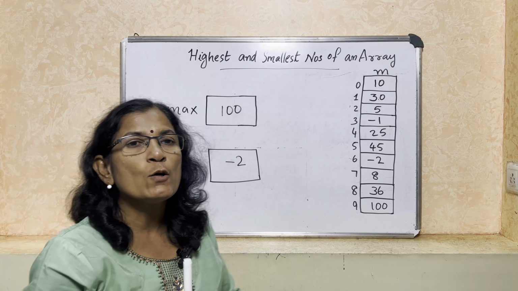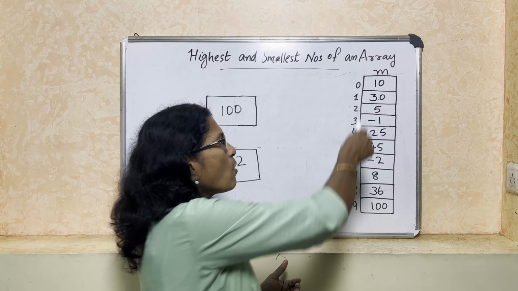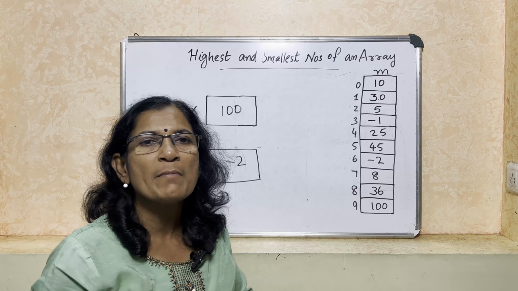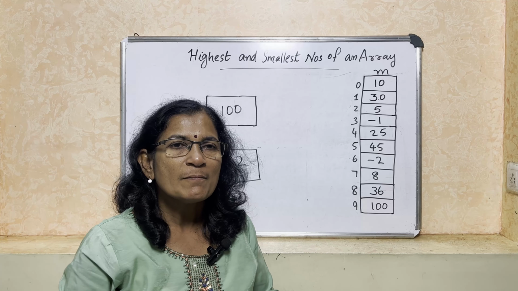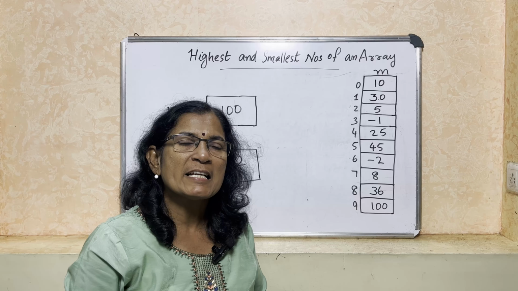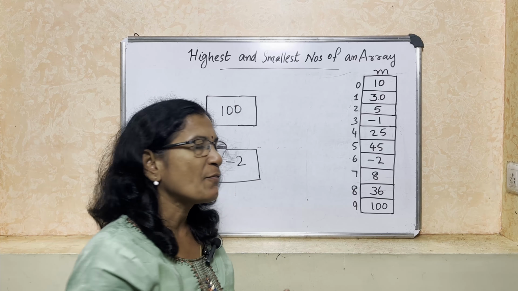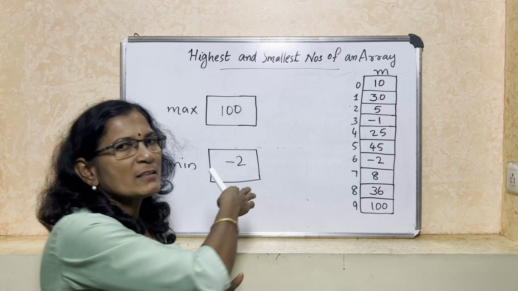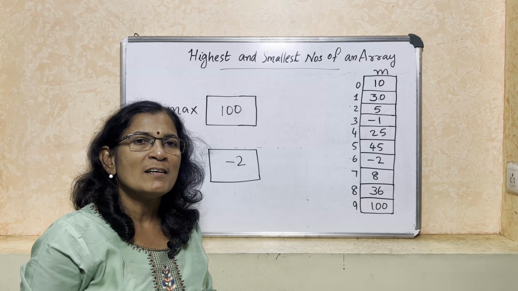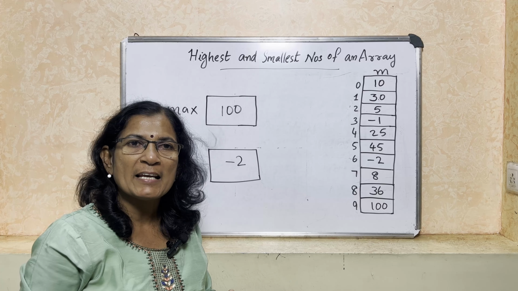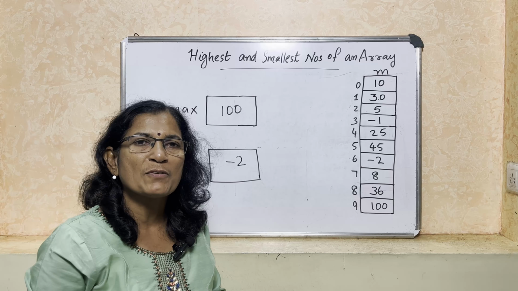So we need a looping structure to access all the elements of the array one by one and compare them with the values of min and max. When the loop completes its iteration, all the values of the array will be compared with the values in min and max. And so you will have the highest element of the array in max and the smallest element of the array in min.